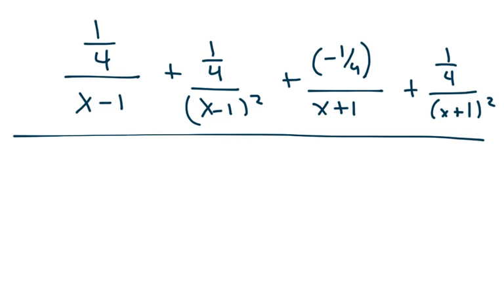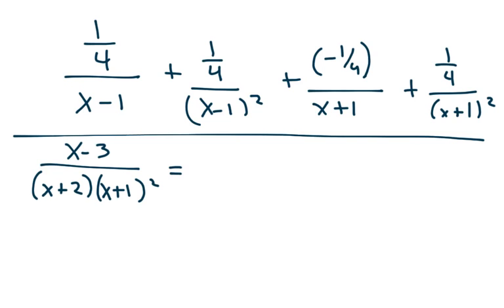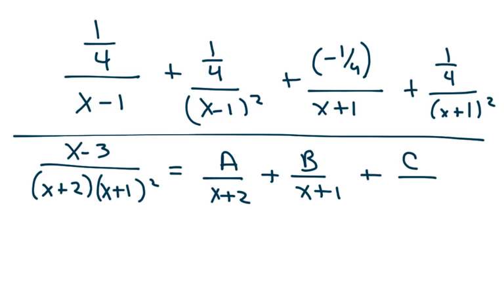So we have x minus 3 over x plus 2 times x plus 1 squared. That gives you A over x plus 2 plus B over x plus 1 plus C over x plus 1 squared.